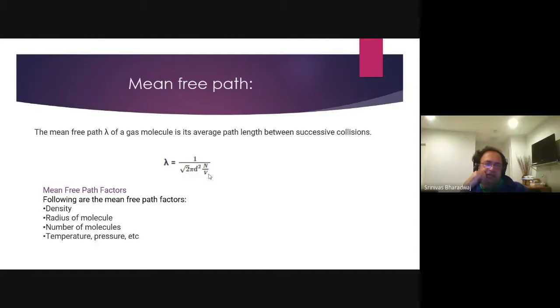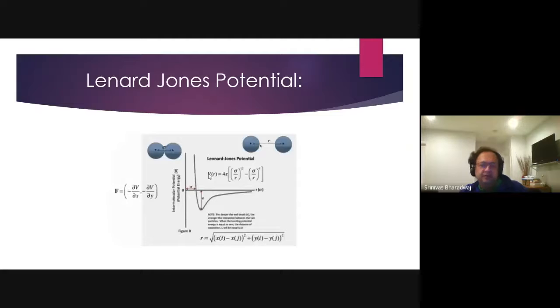The mean free path derivation is a very nice derivation, and it links what you learned in collision theory in mechanics with how we look at gases as molecules which exhibit energy because of the mechanics of their motion. This mean free path is a very interesting idea with respect to the gas molecule and the distance it travels between collisions.